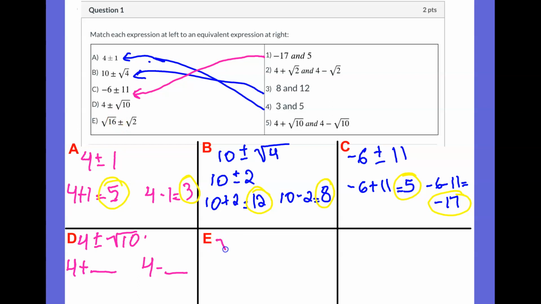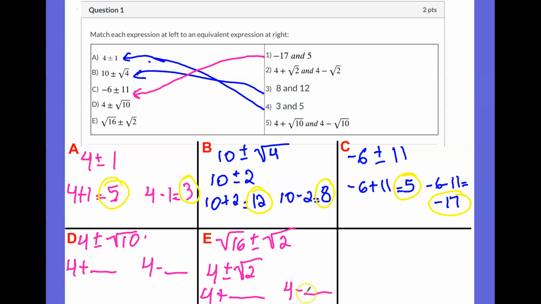The next one is the square root of 16 plus minus the square root of 2. So for this one, we know that the square root of 16 is 4 plus minus the square root of 2. The square root of 2 will be a decimal that we did in the instruction problems. So you will set up 4 plus the decimal answer for the square root of 2 and 4 minus the decimal of the square root of 2.